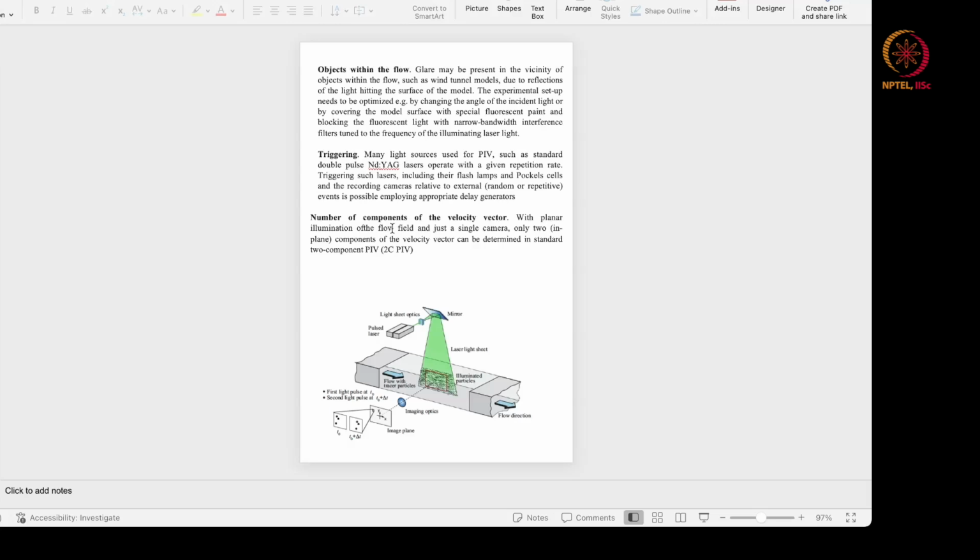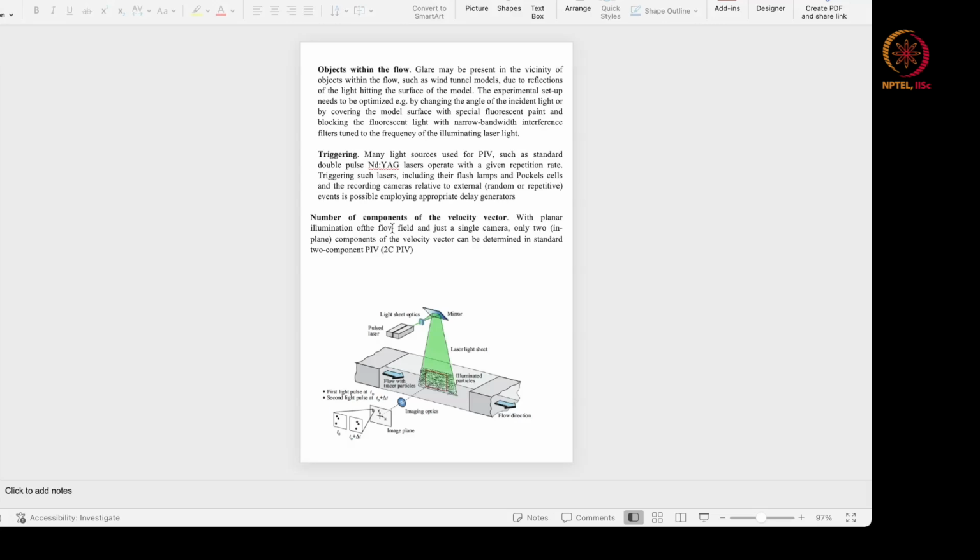We already know what those filters are. So these filters are tuned to the frequency of the illuminating light. Therefore, you capture only the light which has the same frequency. When you coat it with a fluorescent paint, the emission signature will be at a different frequency or wavelength. Therefore, you are neglecting it. But if there is a glare point present, it will have the same frequency as the scattering.